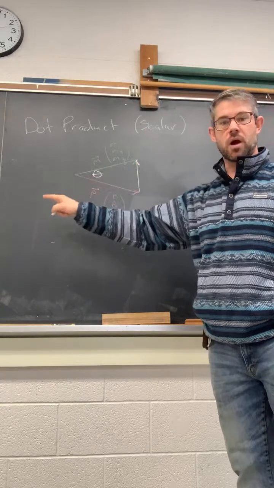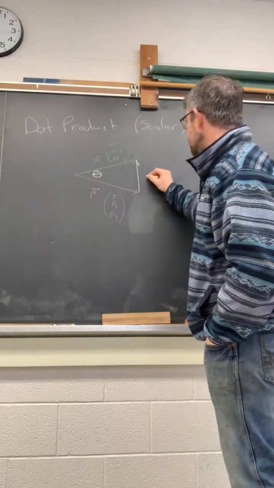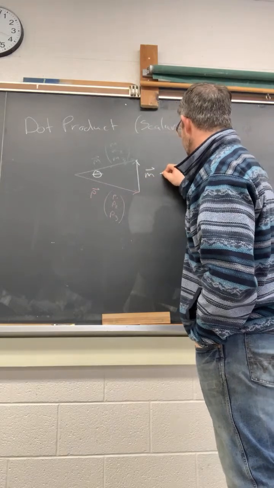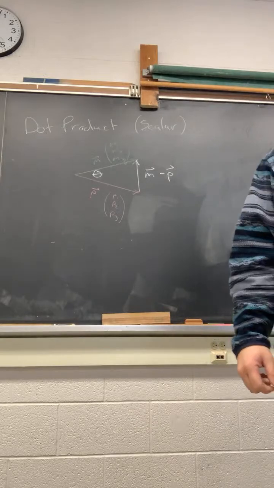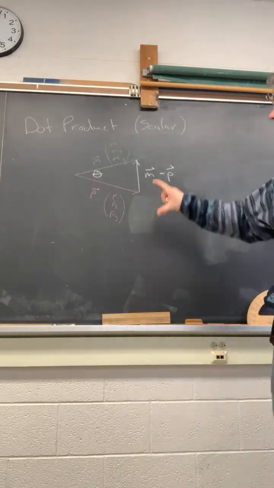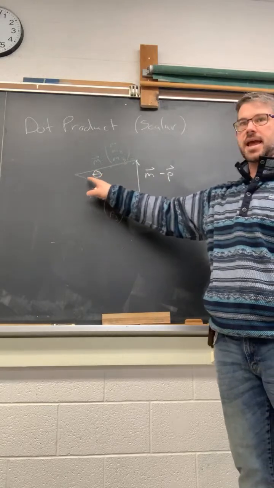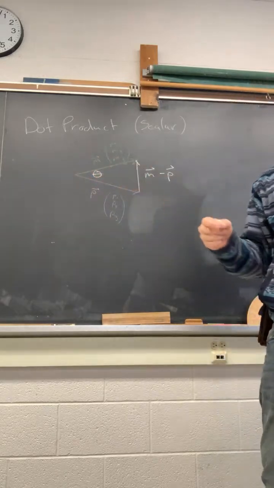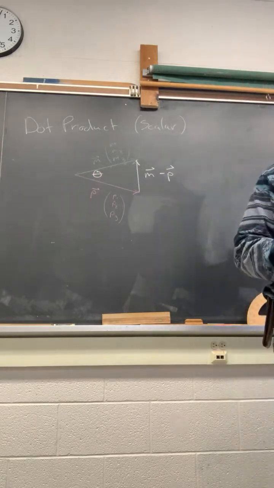But P is pointing in the wrong direction, so we're going to change its direction by multiplying by a negative. So this is going to be the vector M minus P. And in that way, we've got a third vector now that we can talk about that is related to these other 2. You may notice that I've put M minus P and theta in white, and the reason why I've put them in white is because they connect by some other geometric property as well.